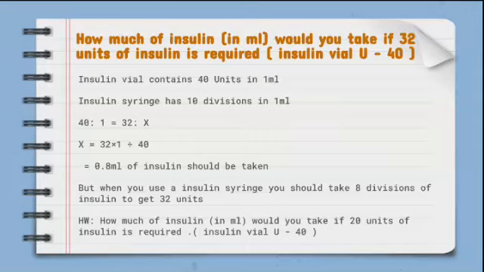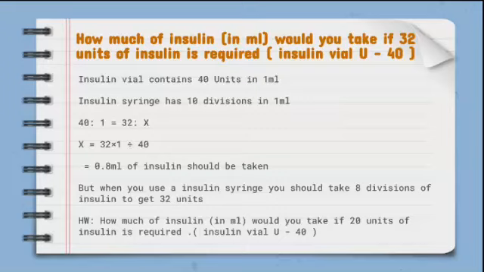The next question is also asked in your previous question paper. How much insulin in ml would you take if 32 units of insulin is required? Here the question is regarding insulin. You all know that an insulin vial has 40 units in 1 ml.